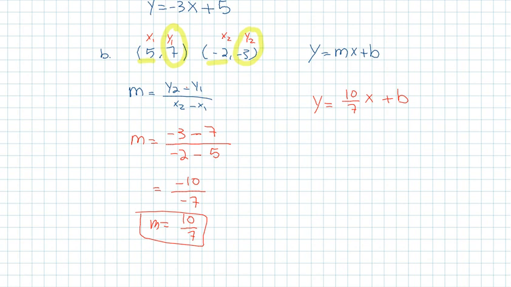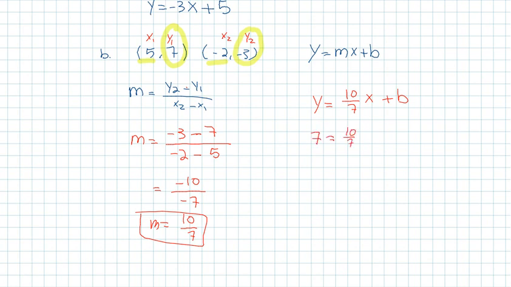I always look for the ones that don't have too many negatives, because negatives can make people make mistakes. Okay? So I'm going to pick the first point. For x, I'm going to plug in 5. For y, I'm going to plug in 7. Are you okay with that? So it's going to be 7 equals 10 over 7 times 5 plus b.